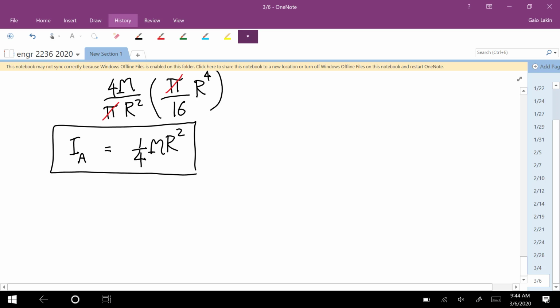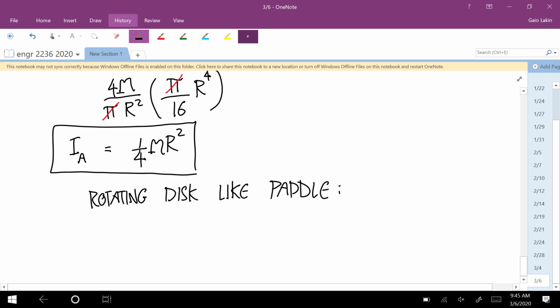So now rotating a disk like a paddle. Same thing as before.